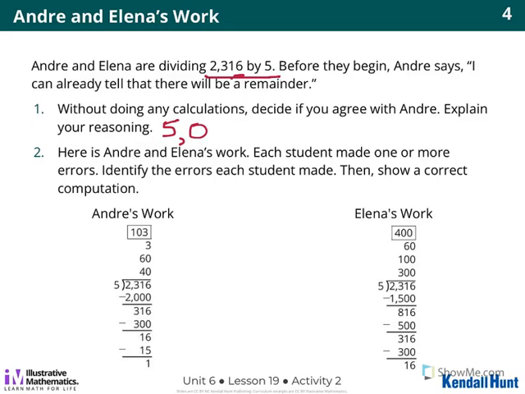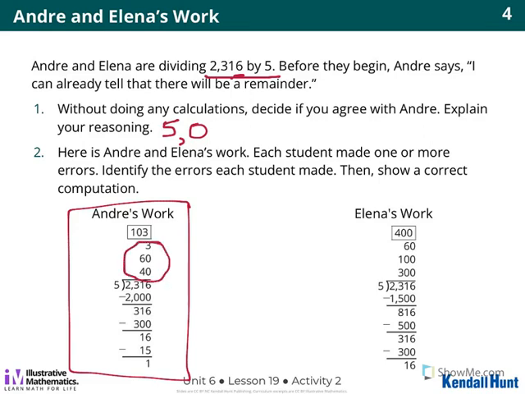All right. So guys, let's take a look. We're going to look at Andre's work right here. First thing I want you to tell me, what are the partial quotients? Which numbers up there are partial quotients? Are these the answers?